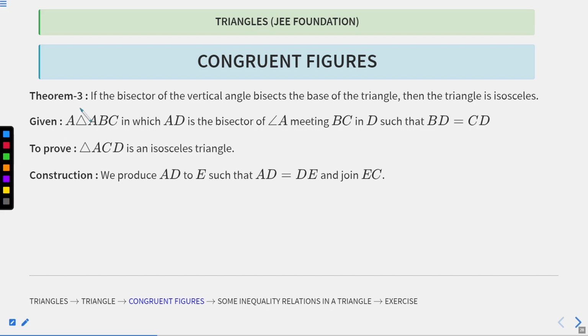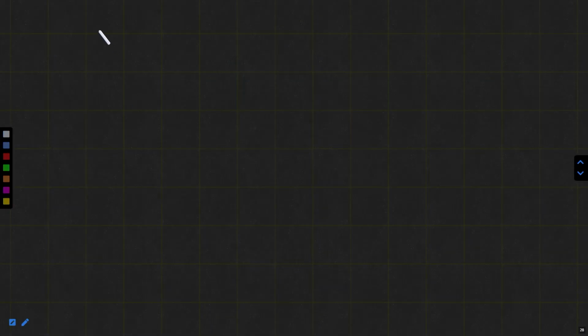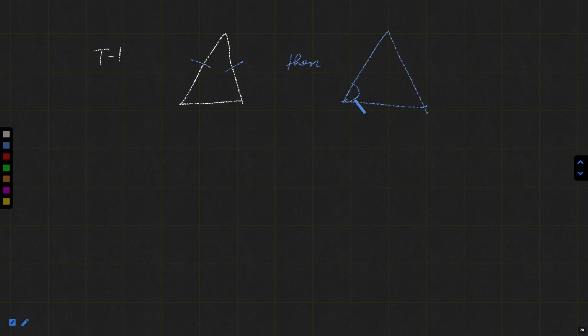Now, first of all, you saw in theorem 1 that if this length is given, then this is also equal.